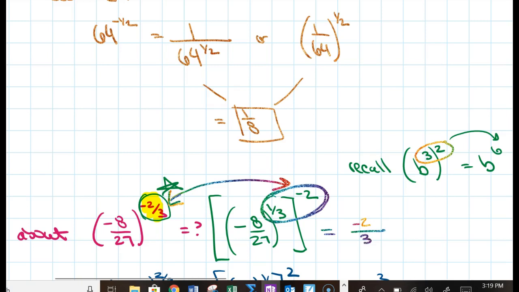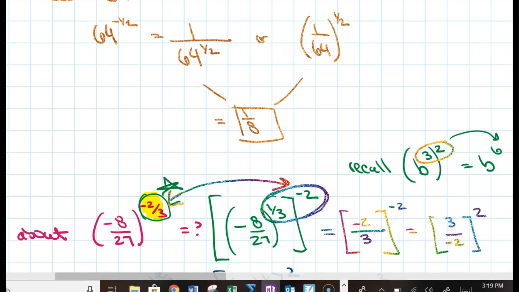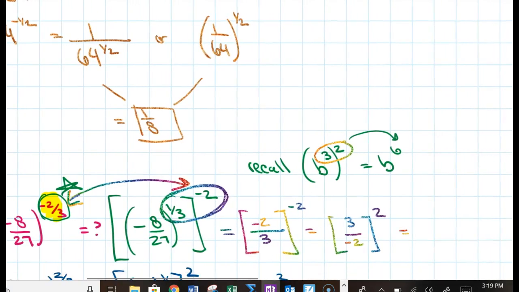Well, that is 3. And then we have to raise, so here I've taken care of the cube root. Now I want to raise this to the negative 2nd. And maybe here you'll say, you know what, I'm just going to feel like reciprocating the base and raise it to the positive 2nd. And what I get then as a final result is 9/4.